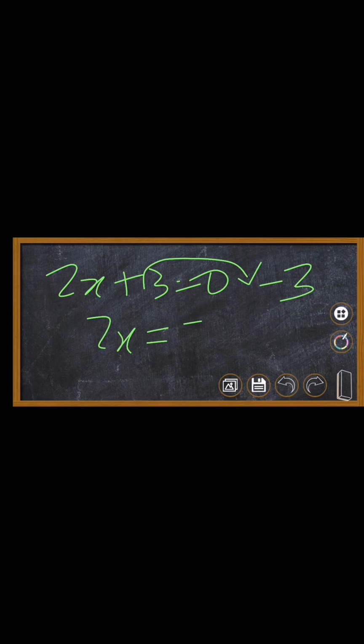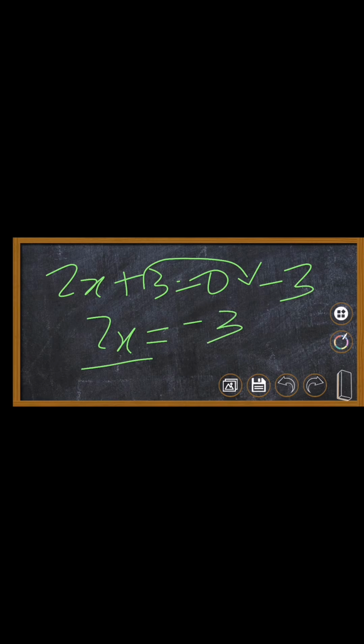So we have 2x plus 3 is equal to 0. What do we do? We put all our x variables on one side, so we're going to have 2x is equal to, and all our knowns, which is the 3 and the integers that we know, are going to go on the other side. So if this 3 goes that side, it changes sign and becomes negative 3. So it's going to be 2x is equal to negative 3.